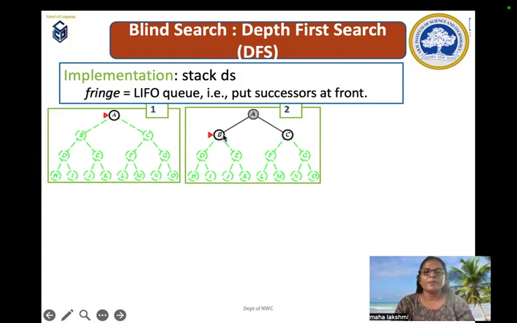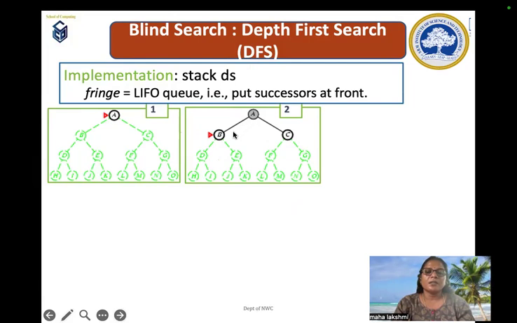In the next branch, there are two nodes, left and right. On the left side you have B and on the right side you have C. First the left side node B is explored and then C. For node A, A will be explored first and A's children are B and C. Because it is depth first search, it will go deeper and deeper into one branch side.